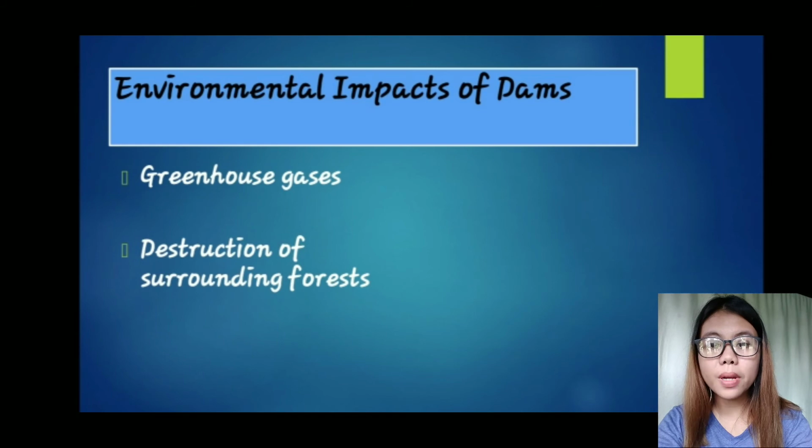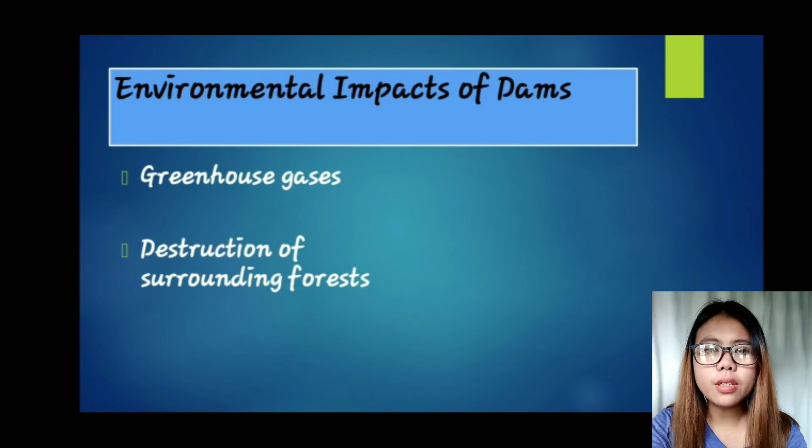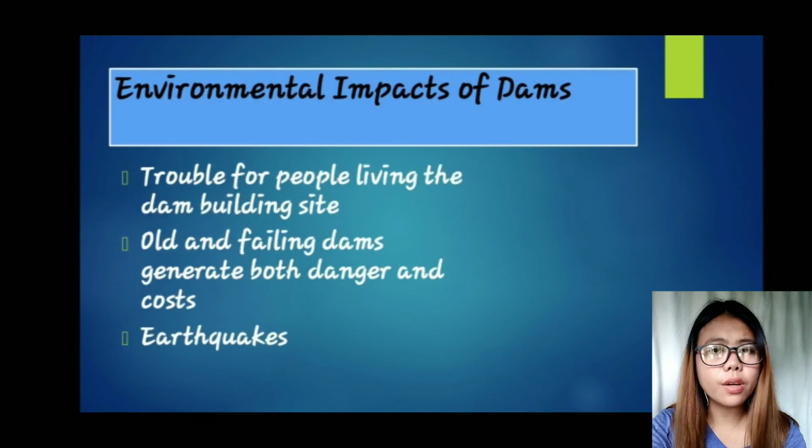Most reservoirs, especially those in tropical regions, emit significant amounts of greenhouse gases because of anaerobic bacteria that break down the vegetation at the base of the reservoir, giving off carbon dioxide and methane. Additionally, the changes to rivers' timing, chemical and sediment composition, and flow lead to dramatic variations in floodplains and wetlands, which can cause further destruction of surrounding forests.